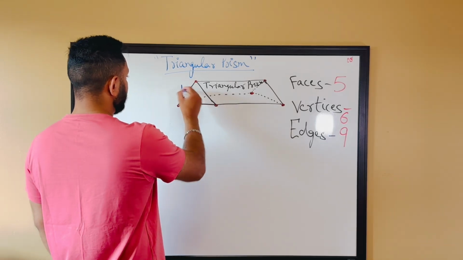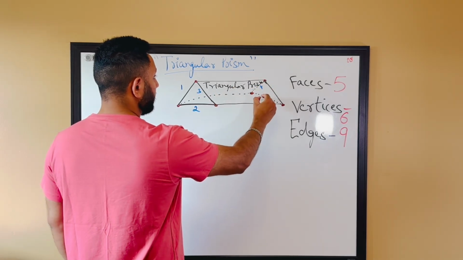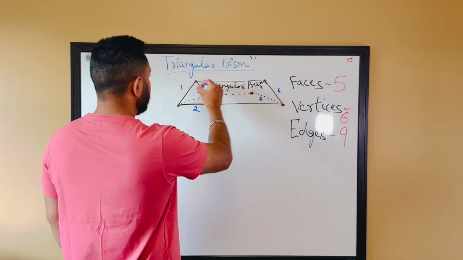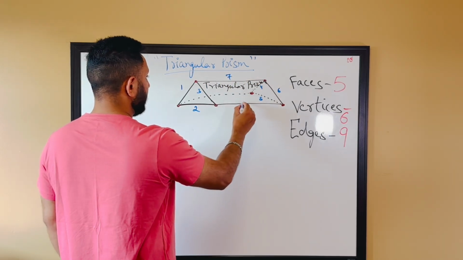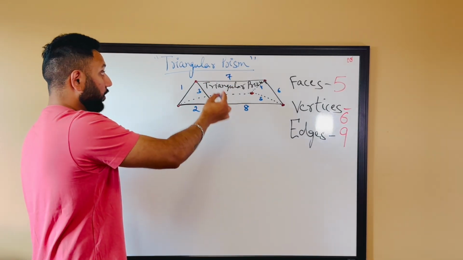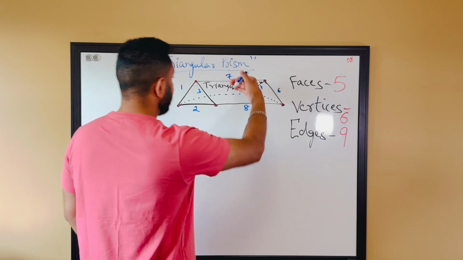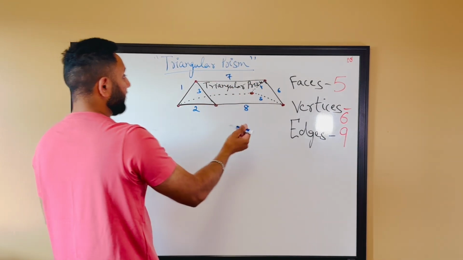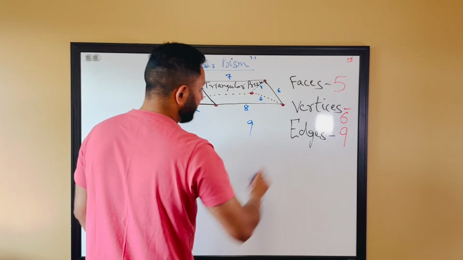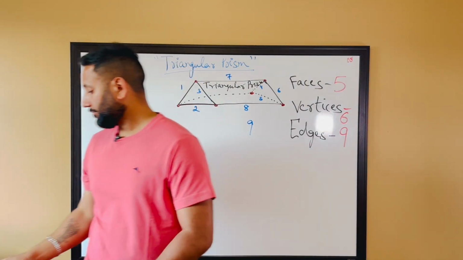So this is the first one, second, third, fourth, fifth and sixth. This is 7th and this is 8th, and the other side which we cannot draw is the 9th one. So basically there are 9 edges of triangular prism.